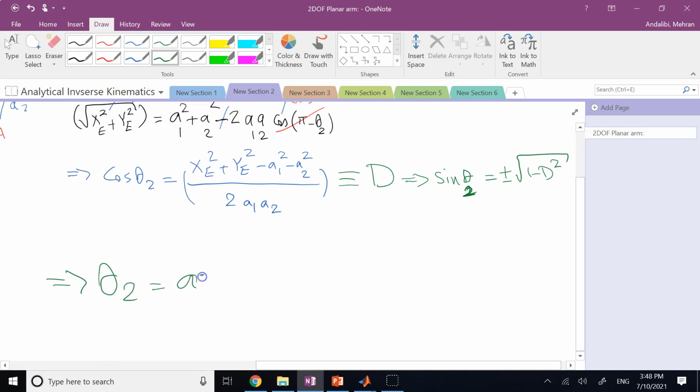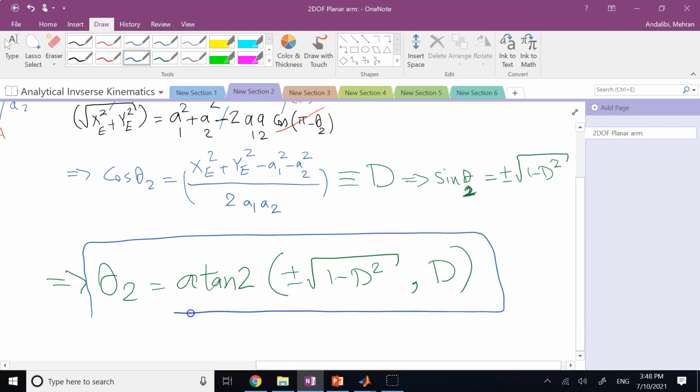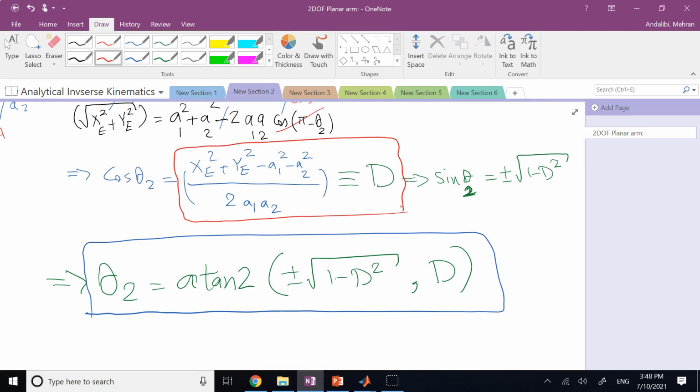Theta 2 is arctangent 2 of plus minus the square root of 1 minus d squared, and d. There we go. This is one of the angles, theta 2, where d is this ratio. If we define d as that ratio, which is a known number because everything in it is given, then clearly I can plug it here and get theta 2. Clearly there are 2 solutions.